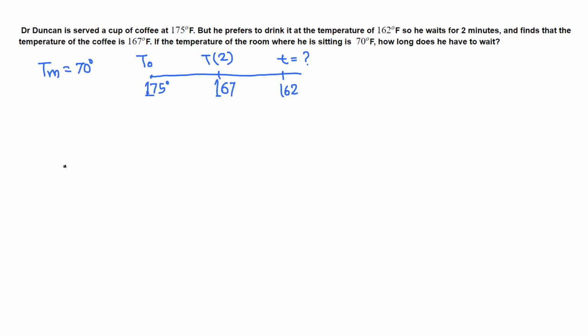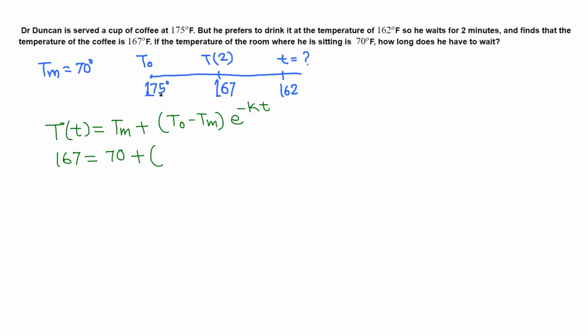Newton's law of cooling formula, the temperature T at any time t is given by Tm plus quantity T naught minus Tm times e raised to negative kt, and the temperature after 2 minutes is 167. Temperature of the medium is 70 plus initial 175 minus 70 times e raised to negative k times t.